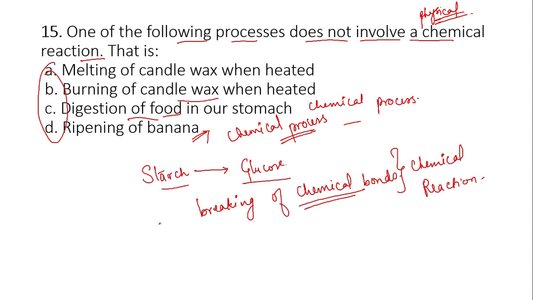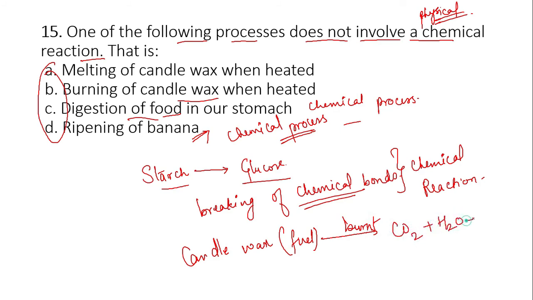Now option B says burning of candle wax. We all know that candle wax is a fuel, and whenever this fuel is burnt in oxygen, it will always produce CO2, H2O and energy, and this is nothing but a change in the chemical composition.